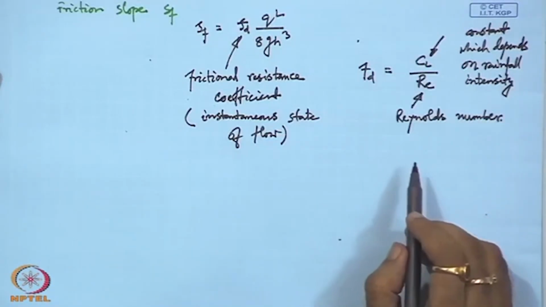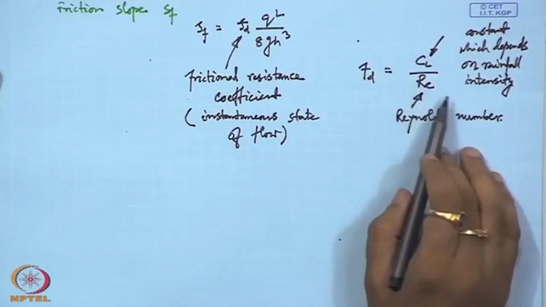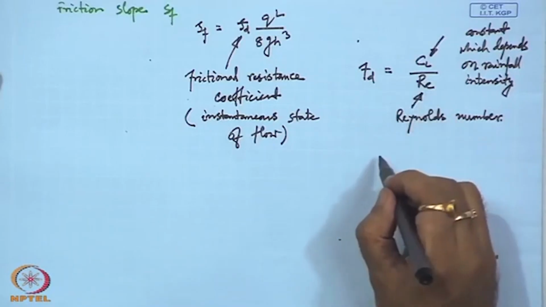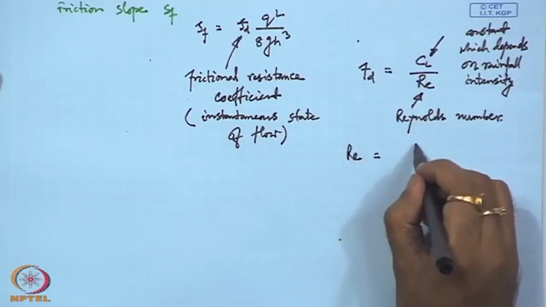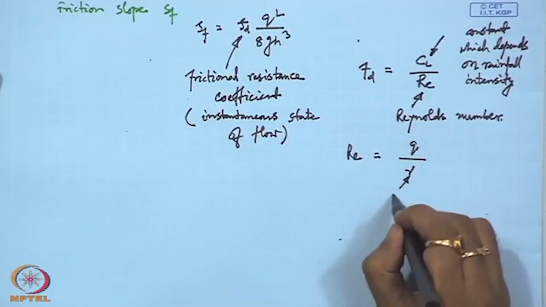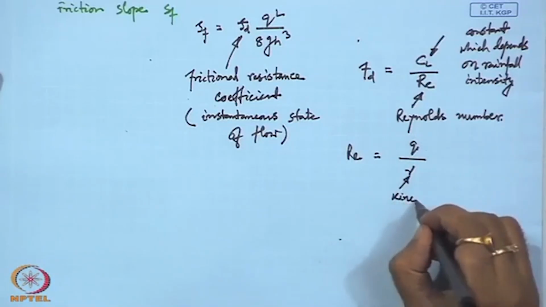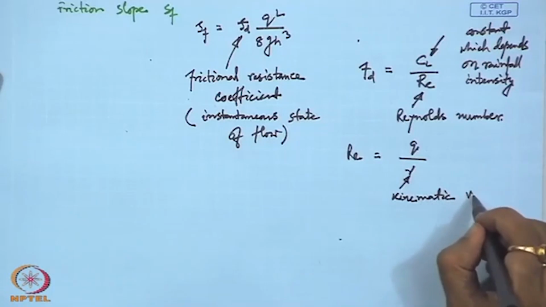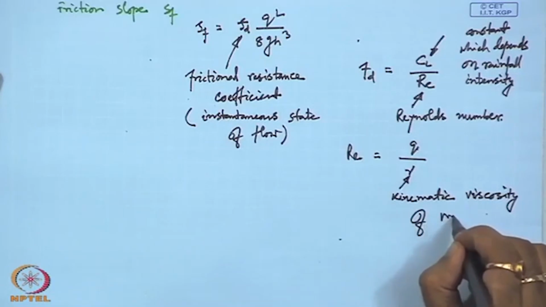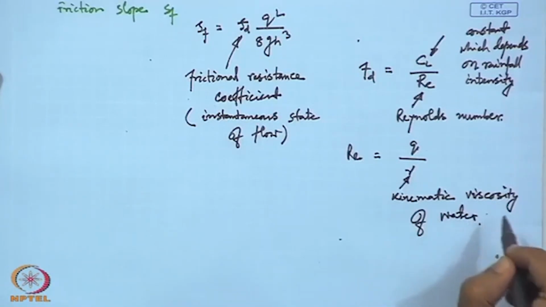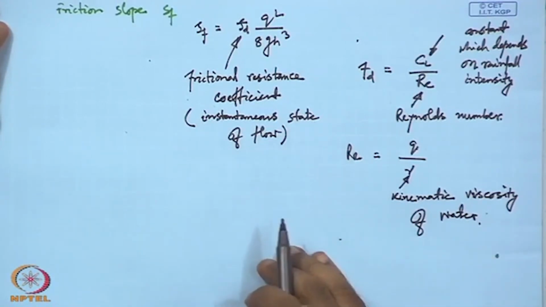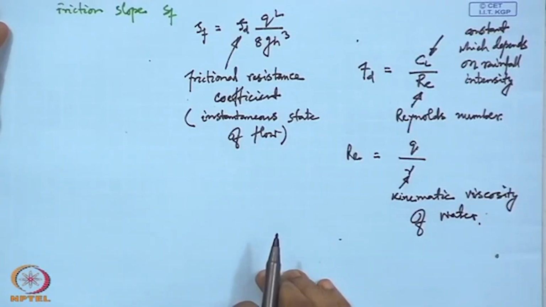FD depends on rainfall intensity and Reynolds number, and this Reynolds number can be calculated as Q by nu. Nu is the kinematic viscosity of water. So, this is all about the equations related to surface flow.